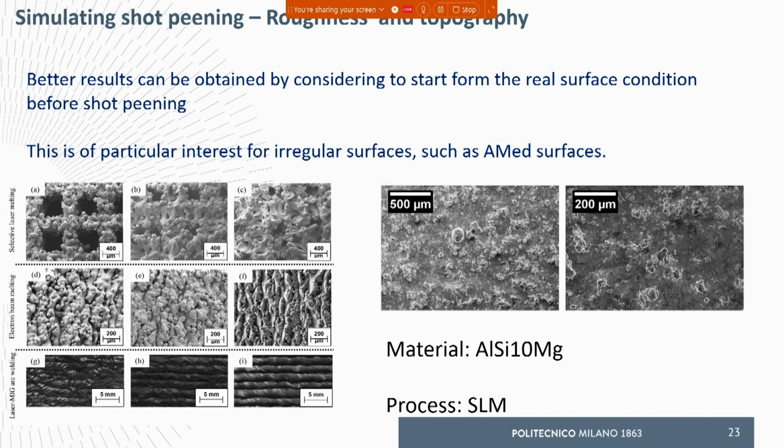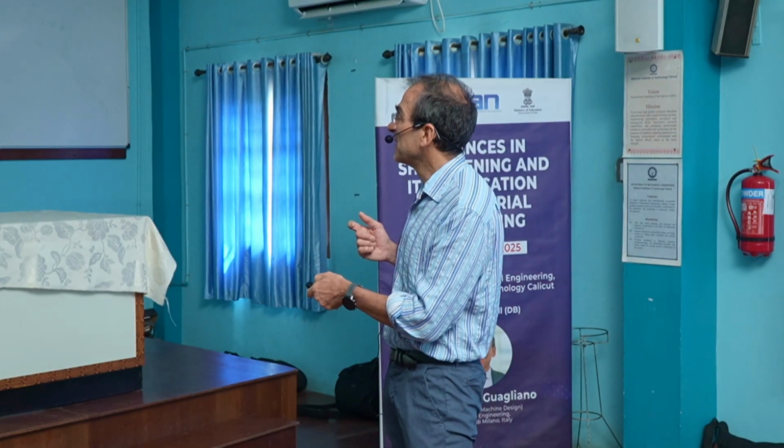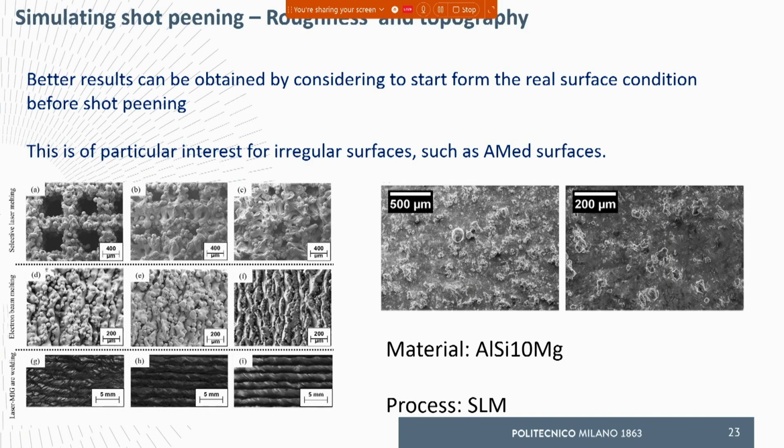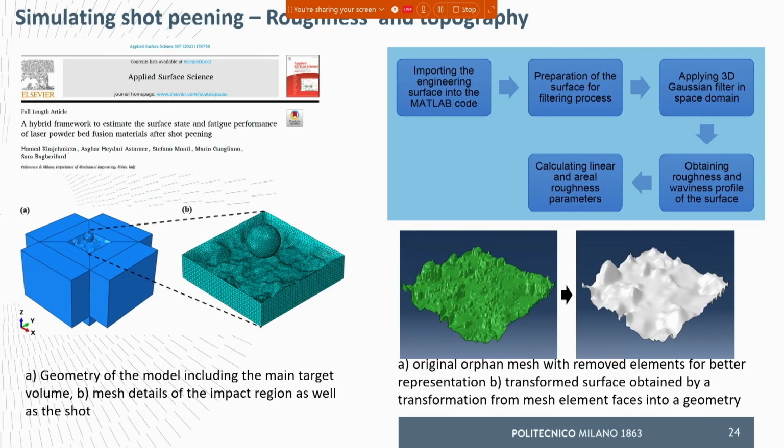Here you can see some examples of free surfaces of parts obtained by laser SLM, which today is called laser powder bed fusion or selective laser melting. And here we see the surface state. What does it mean? That the initial surface is quite far from a smooth surface. So if we perform some calculation like this on an additive manufactured part, the result cannot be realistic if we do not consider the real initial state. And this is what we did with this model.